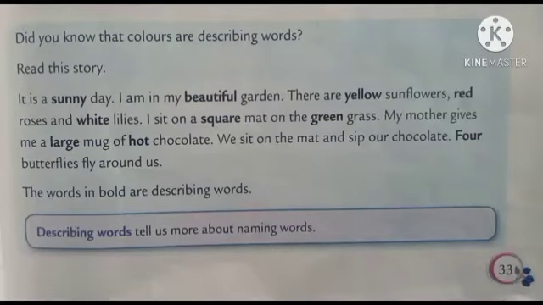Okay. So that is why all these words: sunny, beautiful, yellow, red, white, square, green, large, hot, four. Once again, I repeat: sunny, beautiful, yellow, red, white, square, green, large, hot, four.